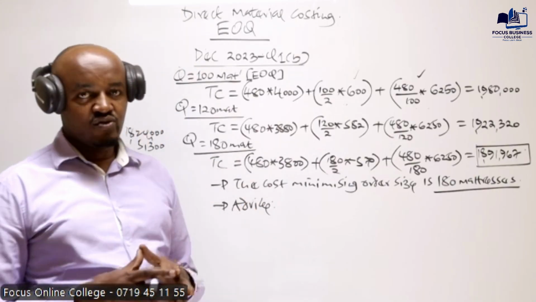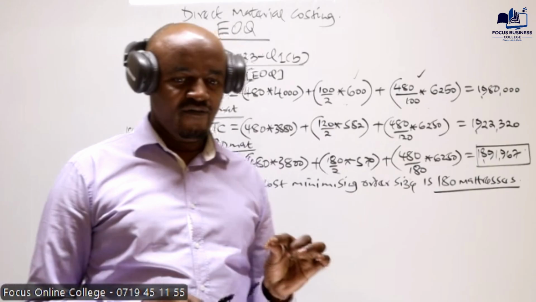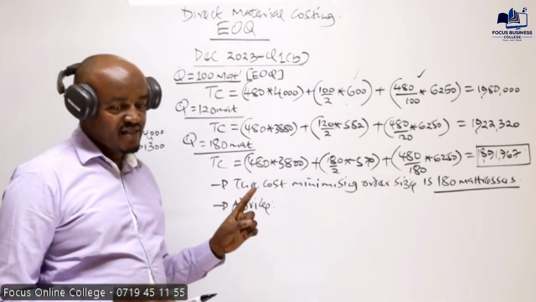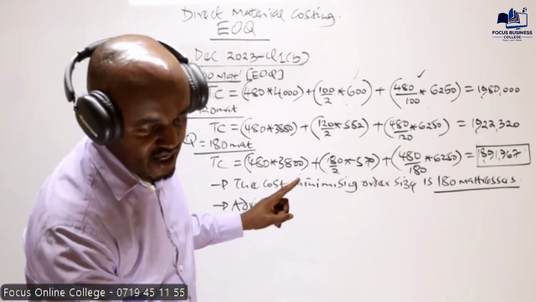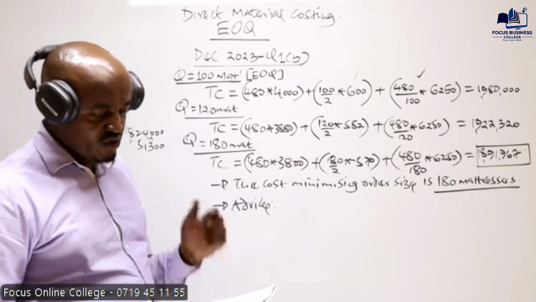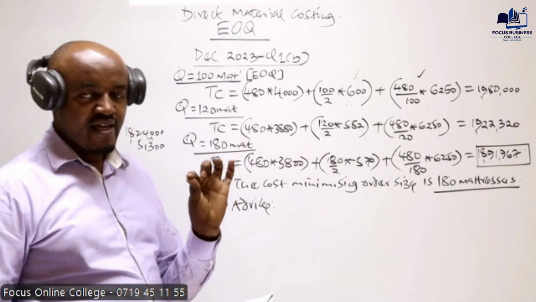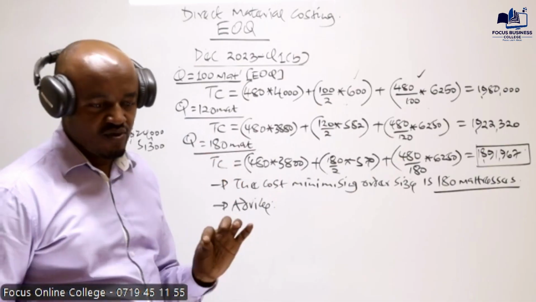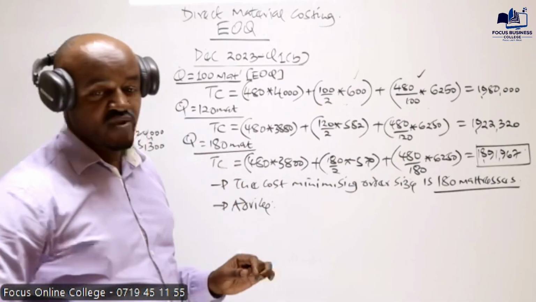In this case, if we are to advise them, we will advise them to accept the 5% discount. Remember, if the company accepts the 5% discount, they order 180 units and get a 5% discount, because that is basically resulting in a lower cost.